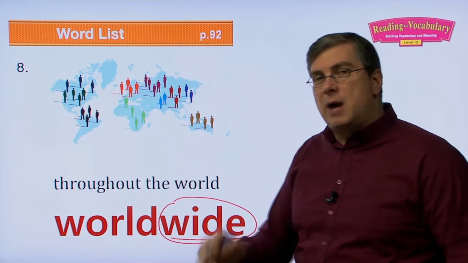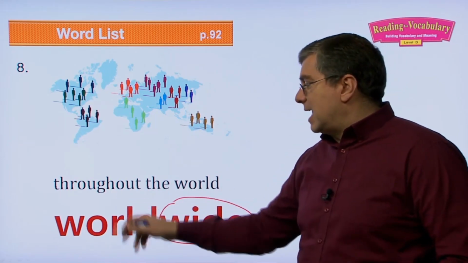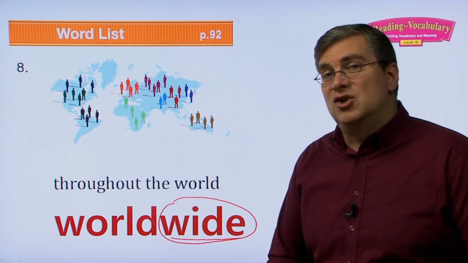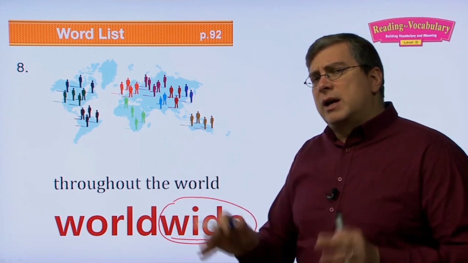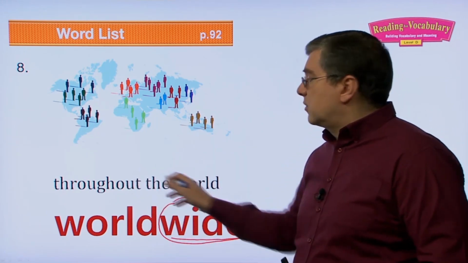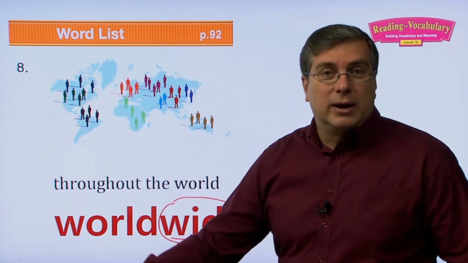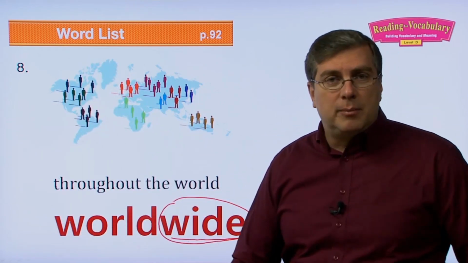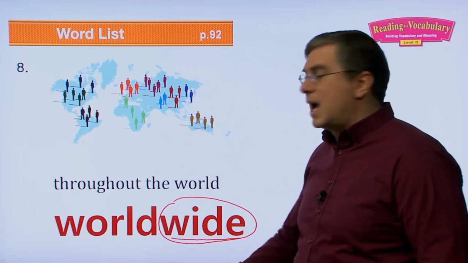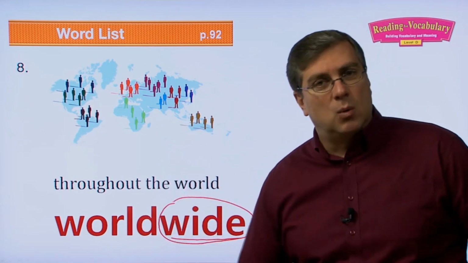So wide is a common ending, especially at the end of some type of area, nation, region, company, and when you're talking about an area, to mean that it's throughout the entire area, throughout the world, throughout the company, throughout the nation, worldwide, company-wide, nationwide. Okay.